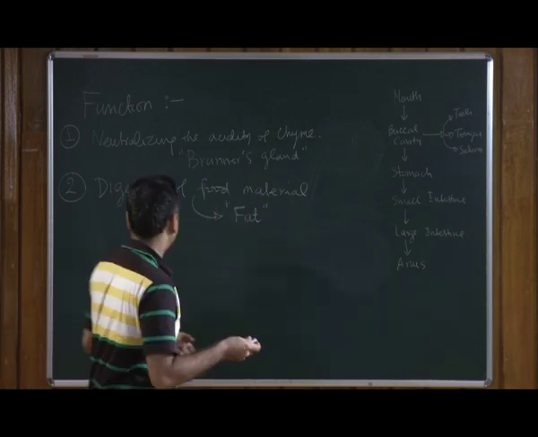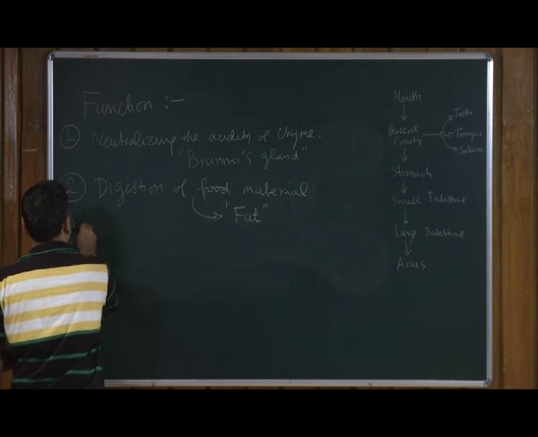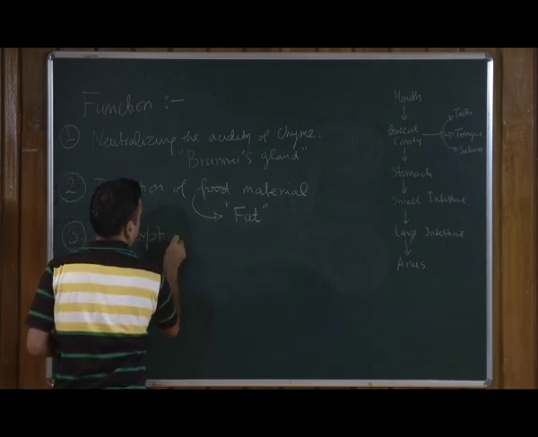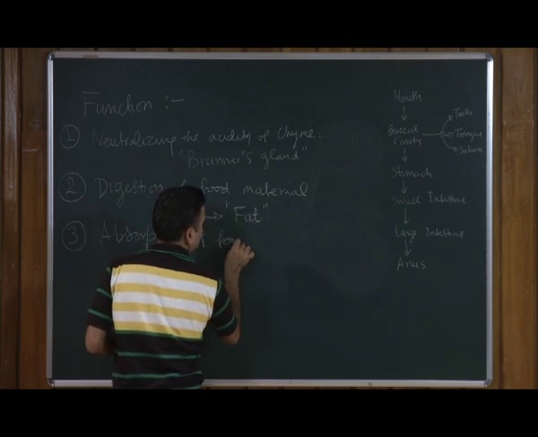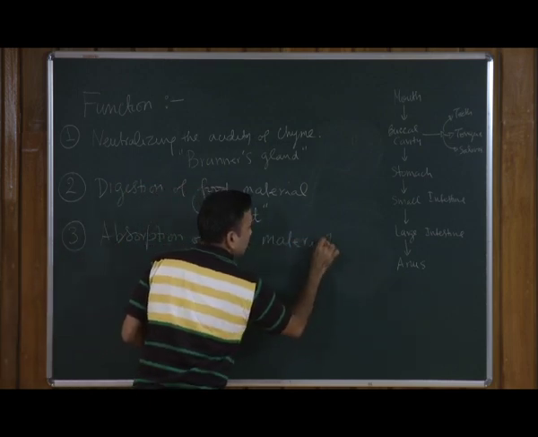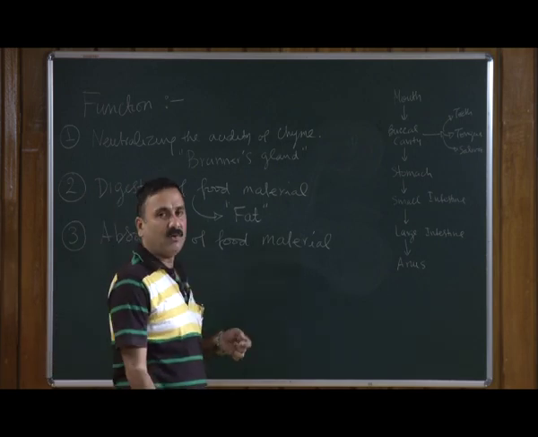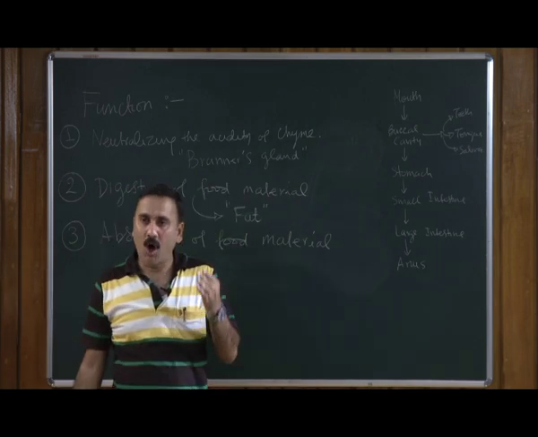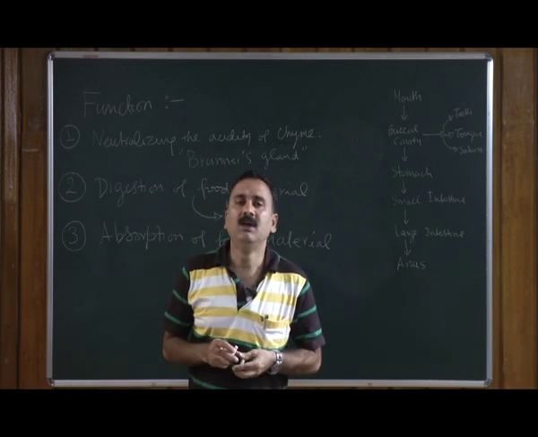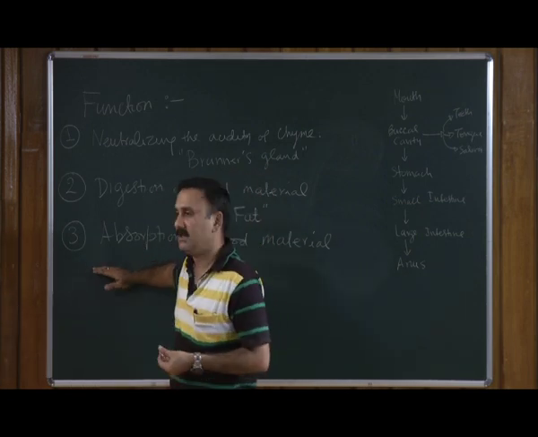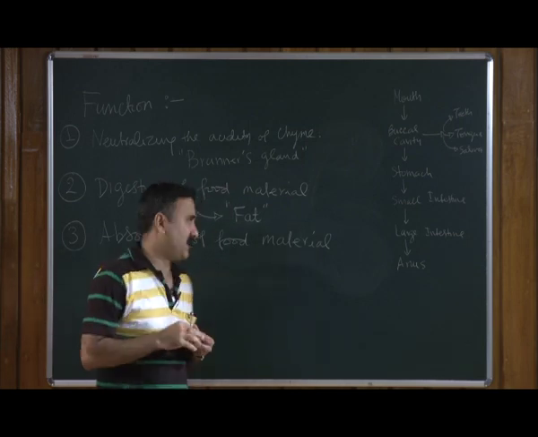And then the third is absorption of food material. Irrespective of the material coming from the stomach, the digested material, or the digestion happening within the small intestine, all these materials are absorbed in the small intestine.